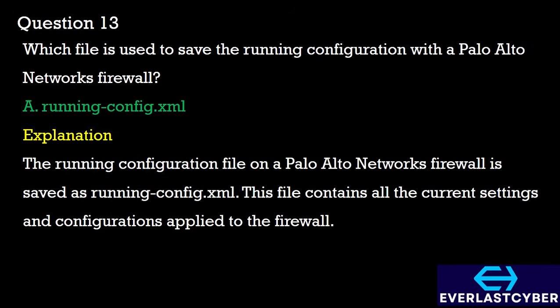In this, we'll begin with option A. The running configuration file on a Palo Alto Networks firewall is saved as running-config.xml. This file contains all the current settings and configurations applied to the firewall. So, running-config.xml is the default file name used to represent the active configuration that is currently running on the device.